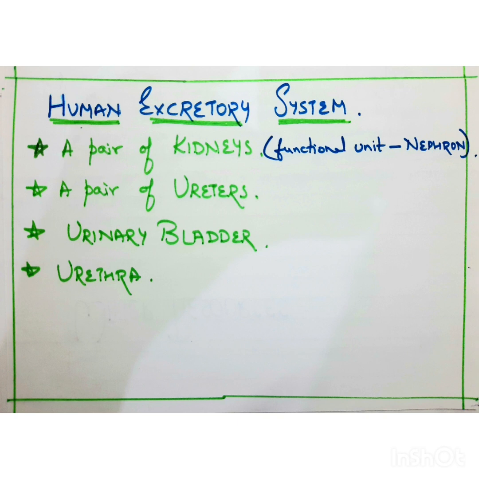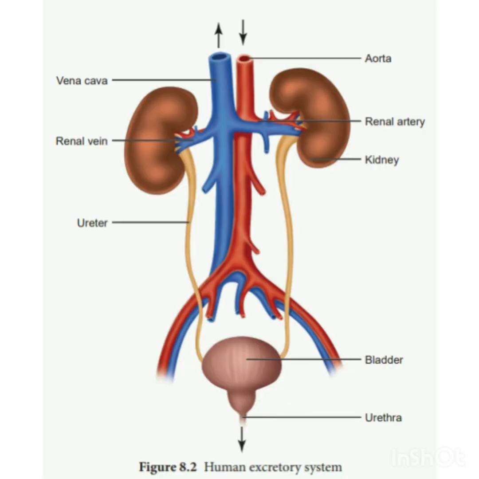Now, the kidneys. The kidneys are reddish-brown, bean-shaped paired organs which lie towards the back of our body, slightly above the waist. Kidneys mainly remove nitrogenous waste and excess water from the blood. The ureter transports urine from the kidney to the urinary bladder, where it is stored. The urinary bladder is a muscular reservoir for the urine.